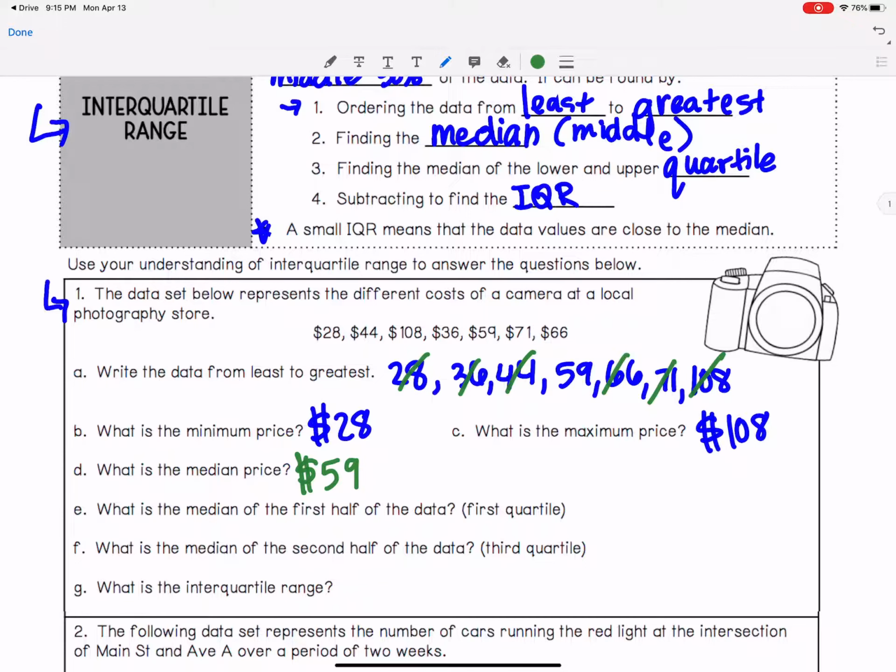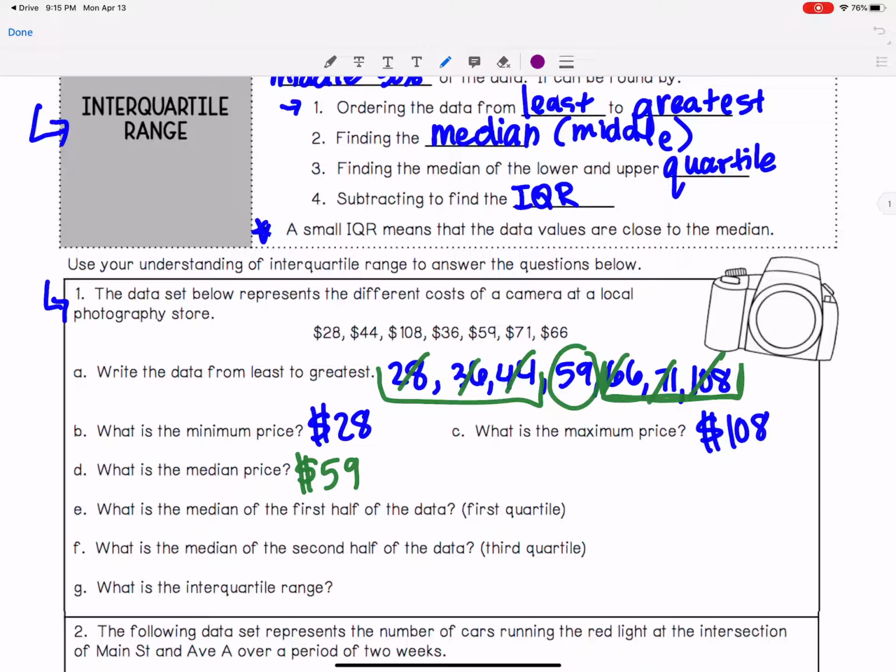Okay, so the next step, what's the median of the first half of the data? Well, this is our middle number. So the first half of the data is going to be these 3 numbers right here. And our last half of the data is going to be these 3 numbers right here. So let's see, the median of the first half of the data is going to be the very middle number of the first half.